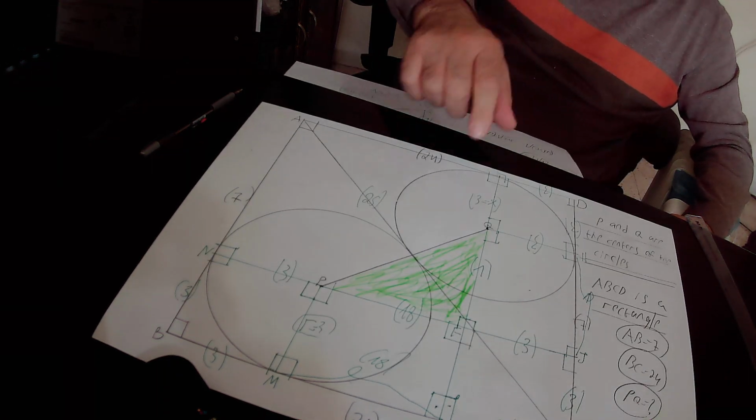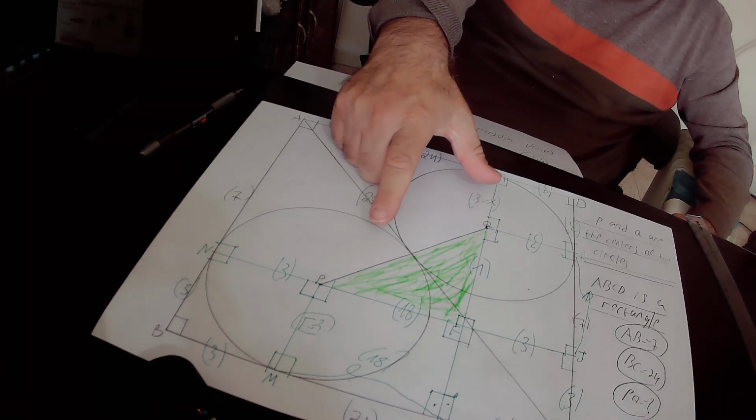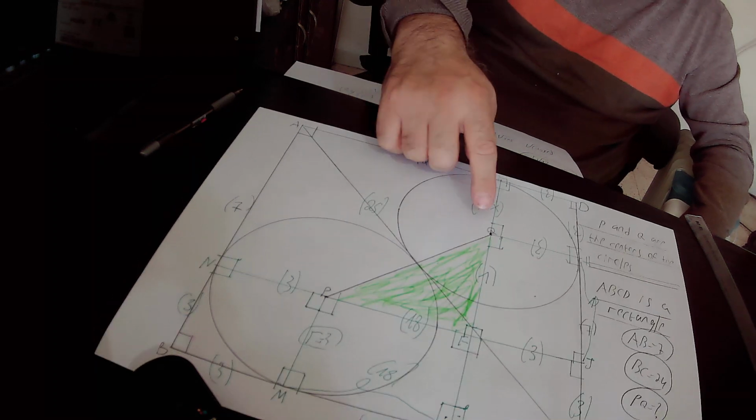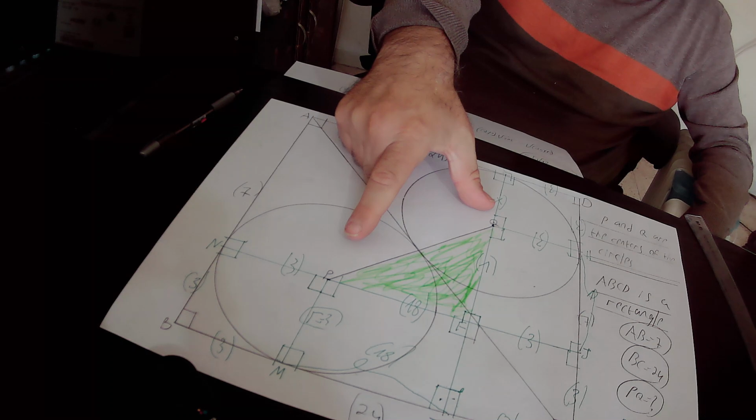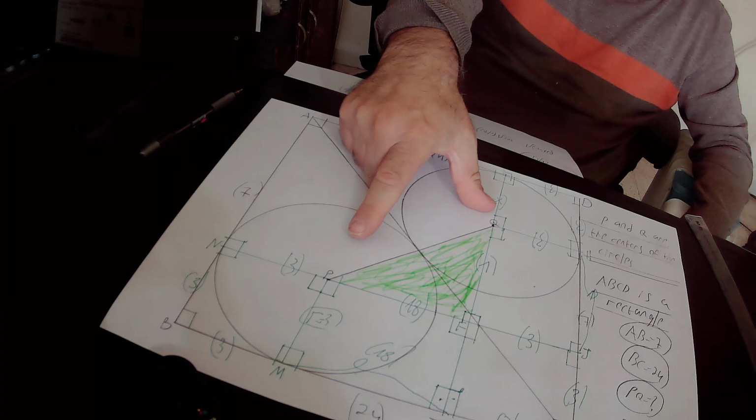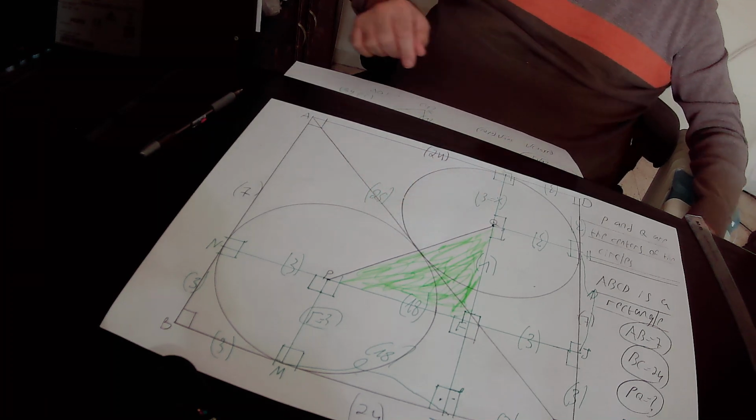The length of the hypotenuse QP, that is the distance between the centers of those two circles, is 5 times the square root of 13 units, or 18.03 units. Okay, thank you very much.